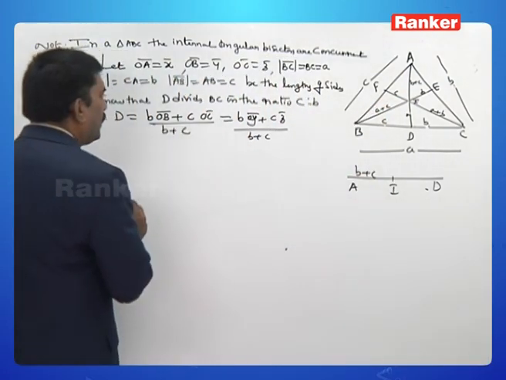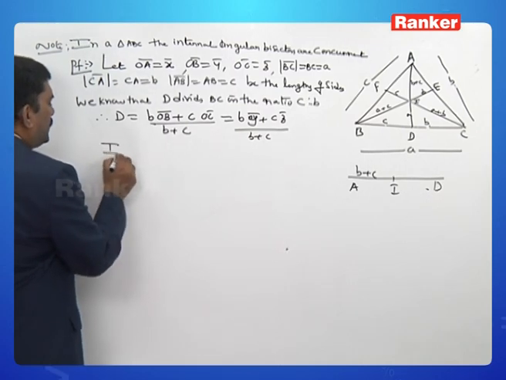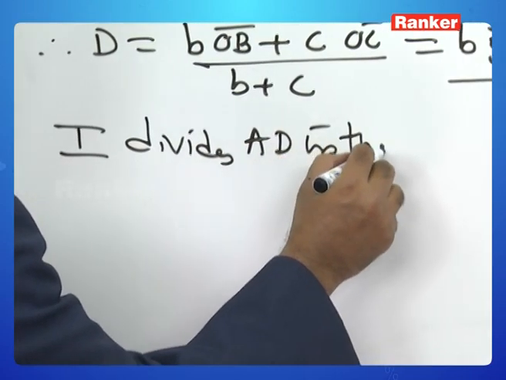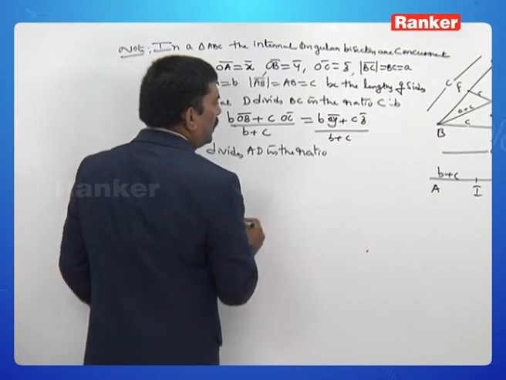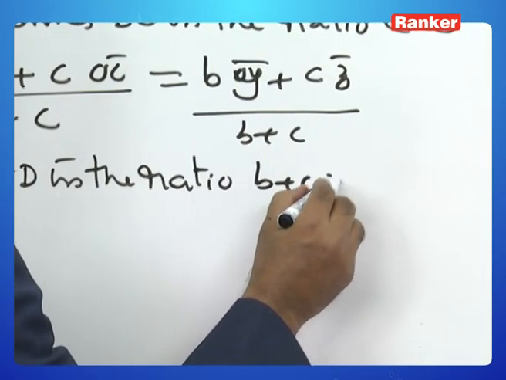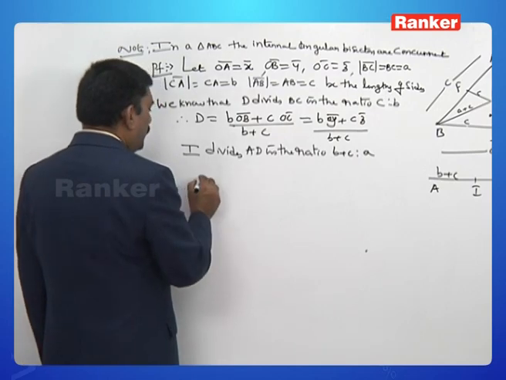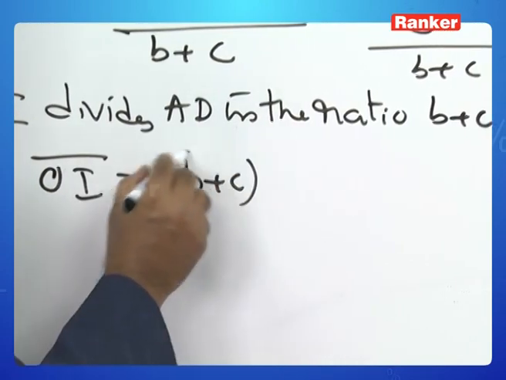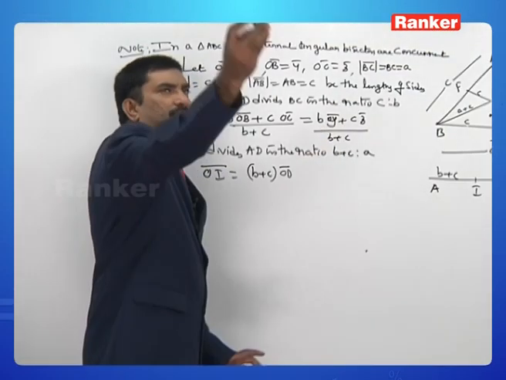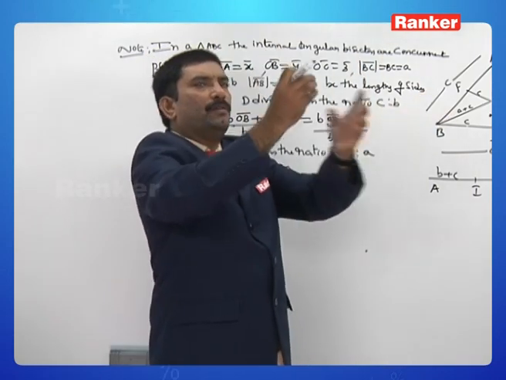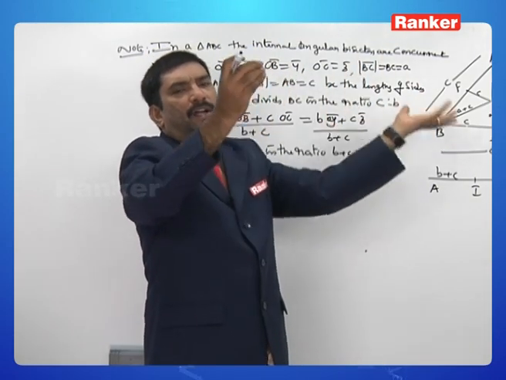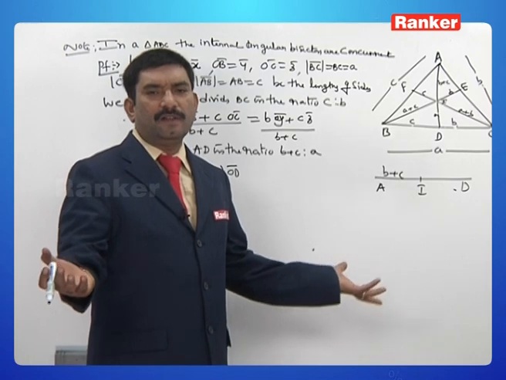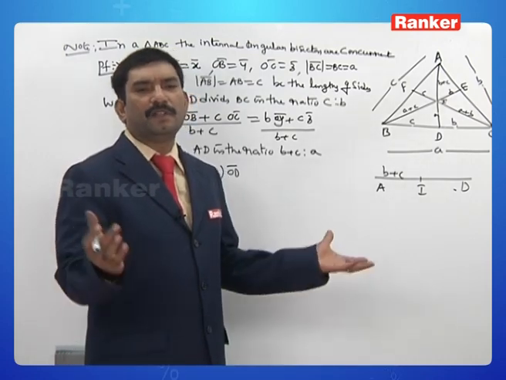So therefore, I divides AD in the ratio b plus c is to a. Now OI bar is equal to b plus c into OD bar, and so on. Where is O? Wherever you want to take the origin: OA, OB, OC, OI, OD, OE, OF. It is a free vector, so take the origin wherever you want.